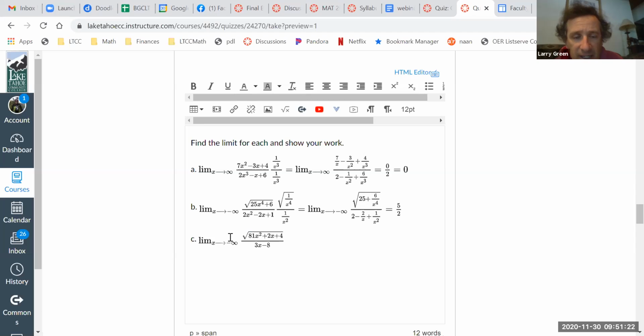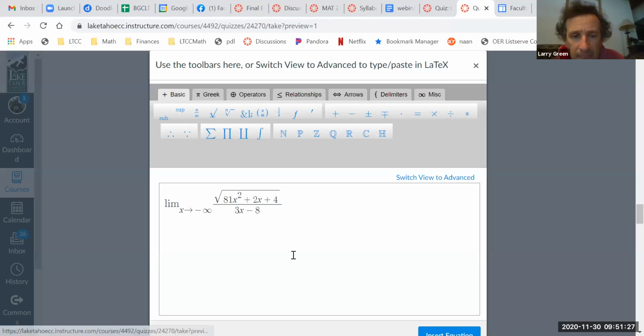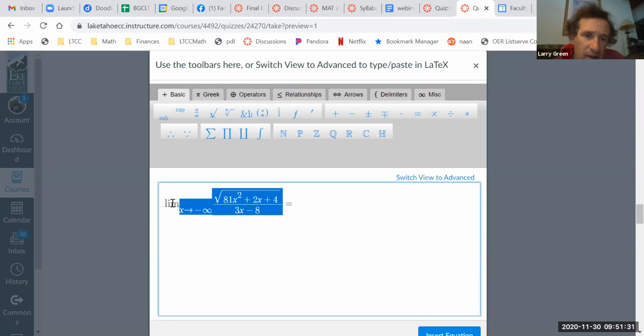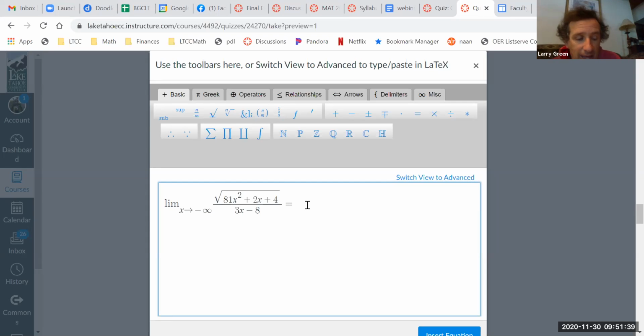Okay, part C. Now we look at the highest power, and now it's x, because the square root of x squared is actually the absolute value of x, but it's a single power of x.